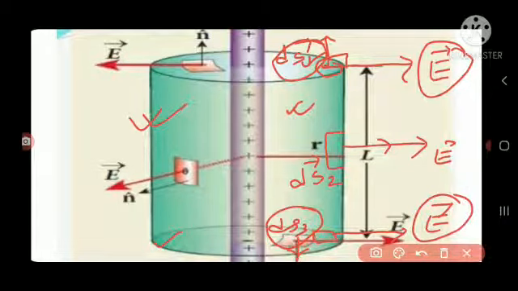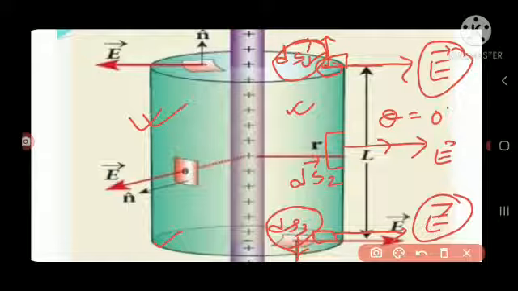So in these two cases, theta is taken as 90 degrees, whereas ds2 is acting in the same direction as E, so here theta is taken as 0 degrees. Is that clear? The wire is enclosed by a Gaussian cylinder having three areas.